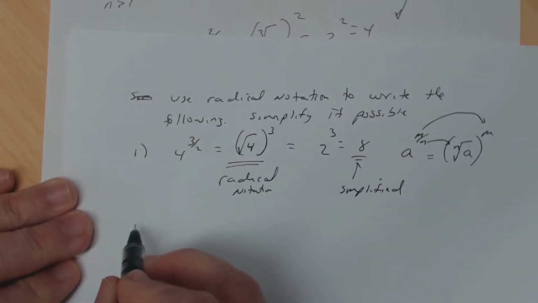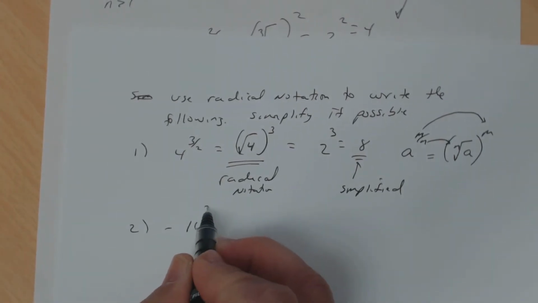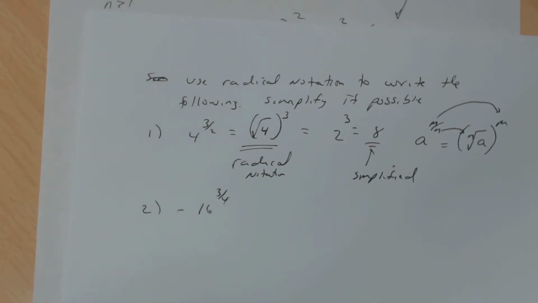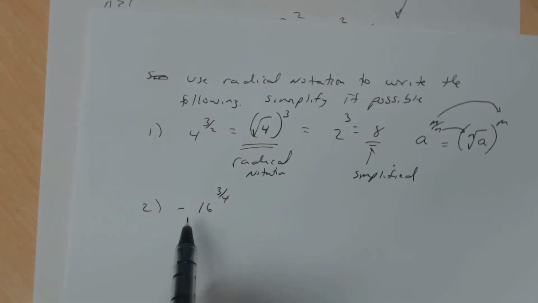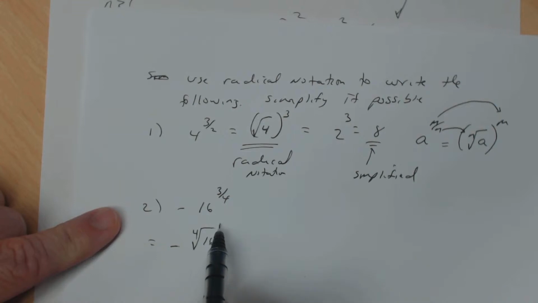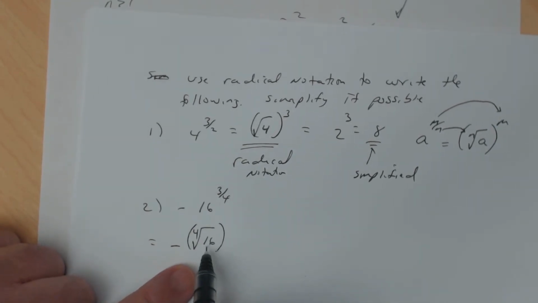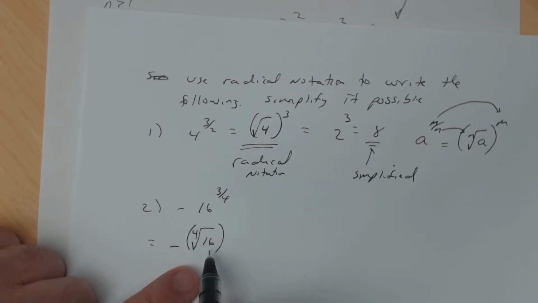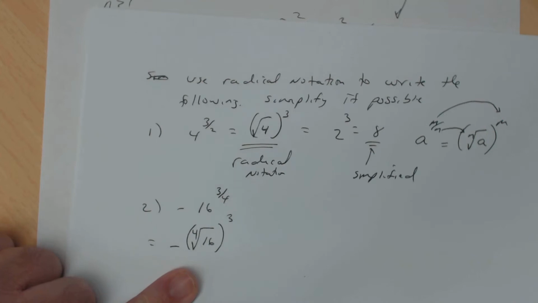Number 2. Suppose we had negative 16 to the 3/4. Notice there are no parentheses, so the only thing being raised to the 3/4 is the 16. So this becomes negative, the 4th root of 16 in parentheses, all raised to the 3rd power.